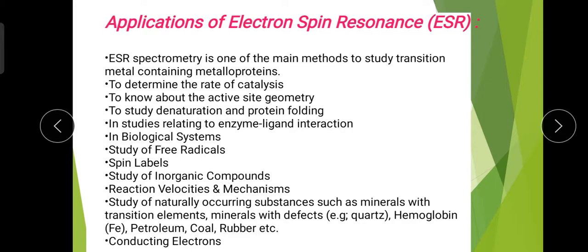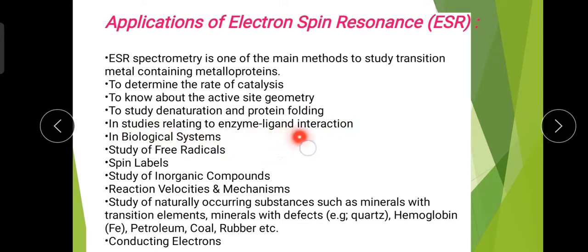That means in a compound there is a catalysis process, and if we want to measure the rate of catalysis, then we can use ESR spectroscopy to know about the active site geometry. If we want to know the active site geometry, then we can place that material in the sample cavity of the ESR spectrometer. Then we can study the geometry of that particular sample.